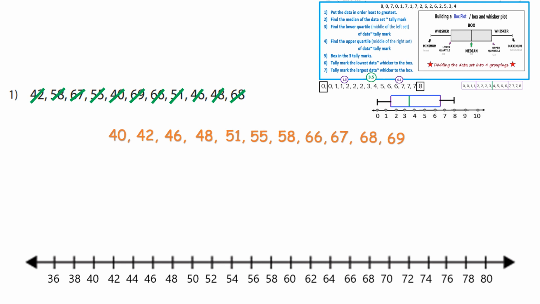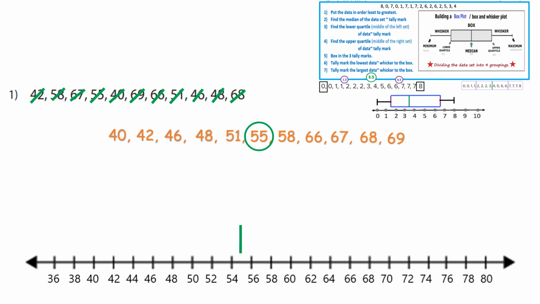But I want you working through these with me step by step so you understand what the 7 steps to a box plot are. So my first thing is I'm going to find the median of my overall data. So notice I'm crossing off from left to right in groups of 2. And on this one, I have the middle number in my data set. So that's going to make some of my work easier as we go along.